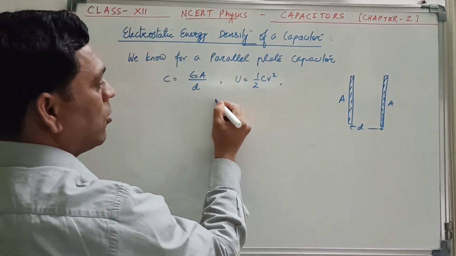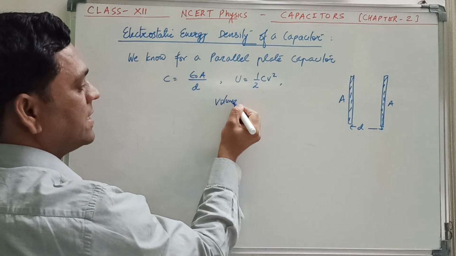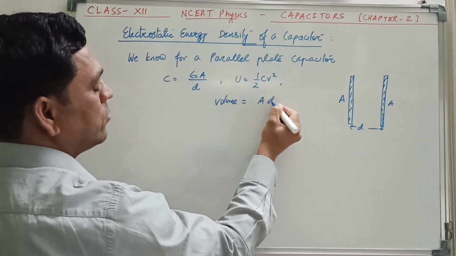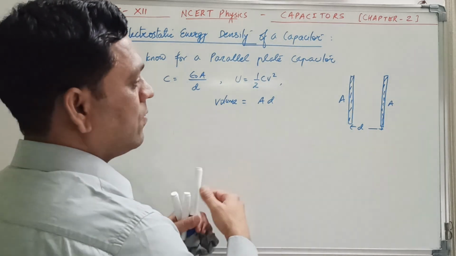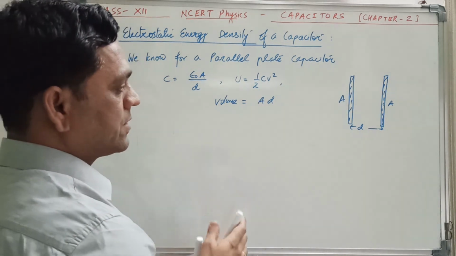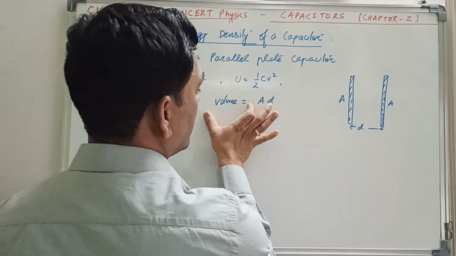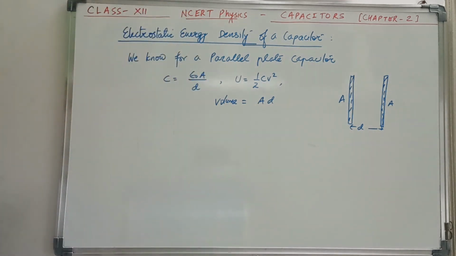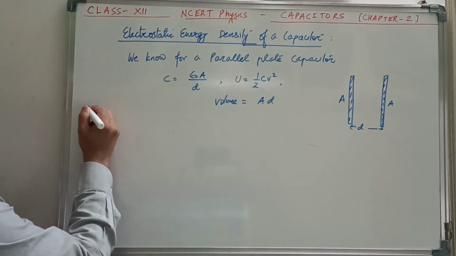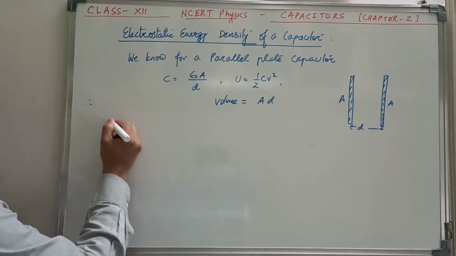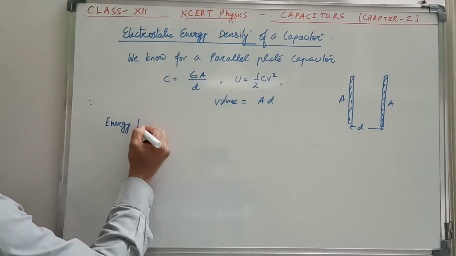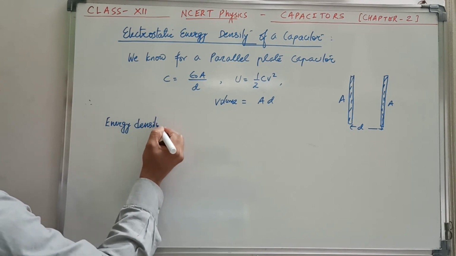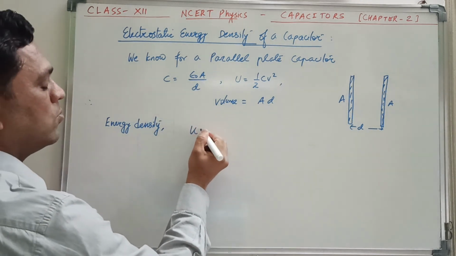Then the volume of the capacitor in which energy remains stored will be A into D, because the plates form a cuboid. So as per the definition, energy density is the energy stored per unit volume of the capacitor.